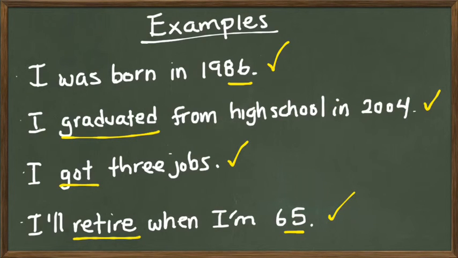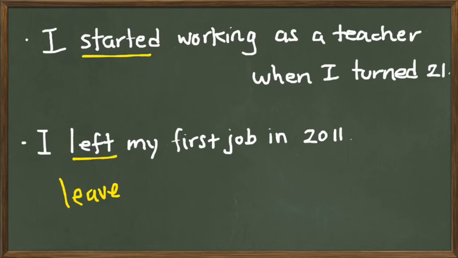Examples: I was born in 1986. I graduated from high school in 2004. I got 3 jobs. I'll retire when I'm 65. I started working as a teacher when I turned 21. I left my first job in 2011.